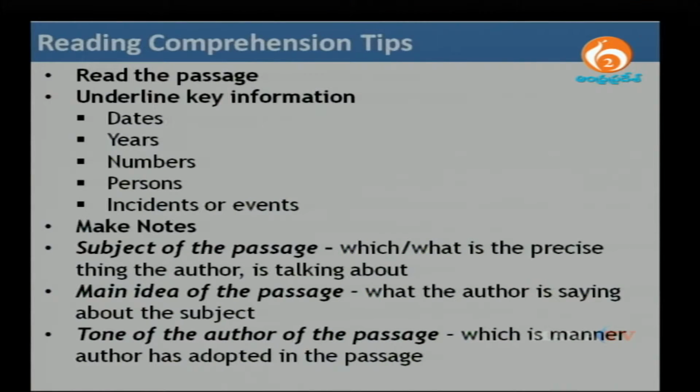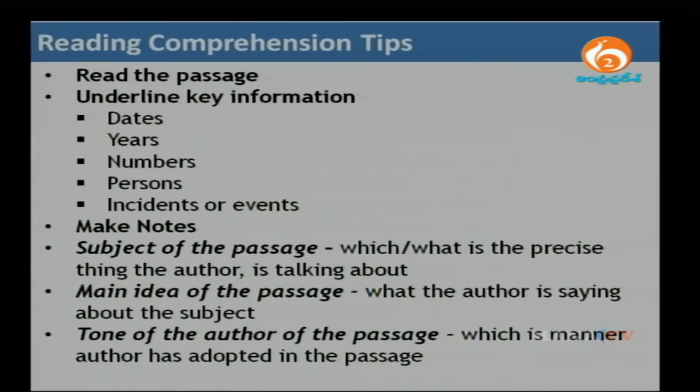Anything that is talking about a particular incident which happened in a particular year or time, the number of people, a historic or symbolic incident, or a specific person, make a note of these words and this information. All right. Then the next point says make notes. Here comes the important part. Subject of the passage.